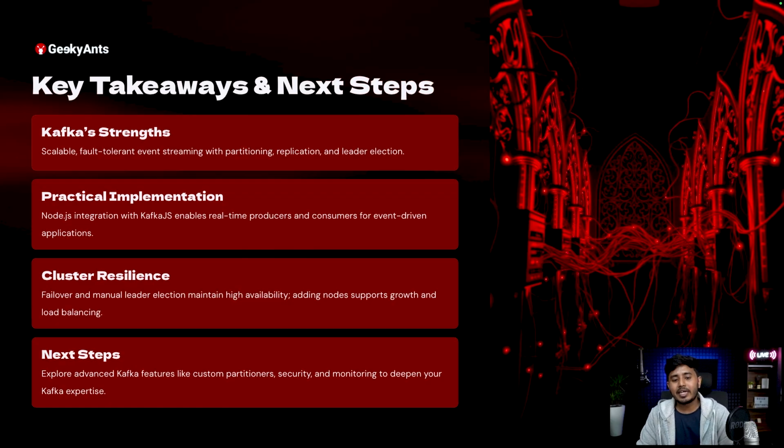So the key takeaways and what you can do next is that we have seen about Kafka's strength, which is scalable, it's fault tolerant, and it provides event streaming. It provides parallel processing as well. Its main components are partitioning, replication, and leader election. Then we have seen its practical implementation using the Node.js code for normal sending message one time with a load balancer as well.